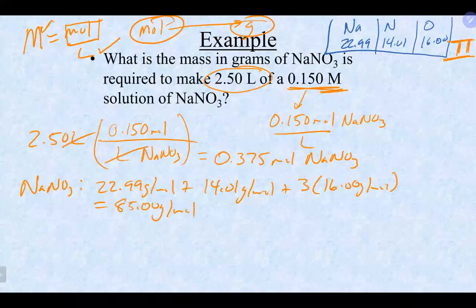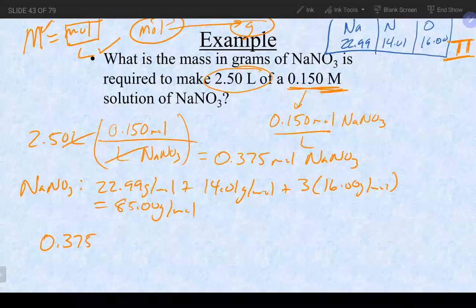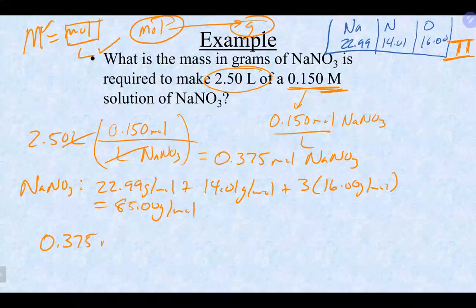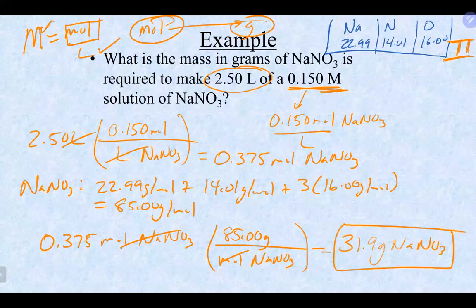We're going to use it as a conversion factor, so 0.375 moles of our sodium nitrate. We will multiply it by the molar mass, 85 grams on top and a mole on the bottom. The moles cancel, and that gets us 0.375 times 85, which is 31.9 grams of sodium nitrate. Any questions on that calculation?